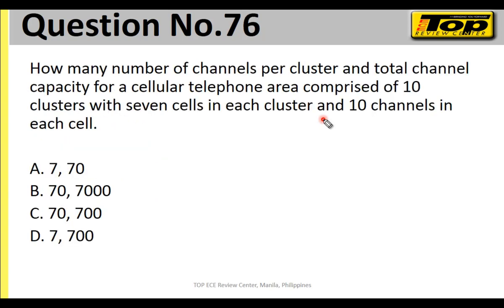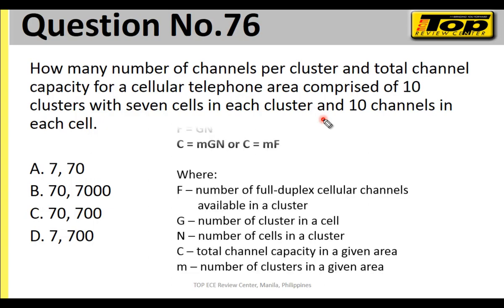Okay. Question number 76. How many number of channels per cluster and total channel capacity for a cellular telephone area comprised of 10 clusters with 7 cells in each cluster and 10 channels in each cell? Okay. So, kukunin natin, number 1, yung number of cellular channels available in a cluster.